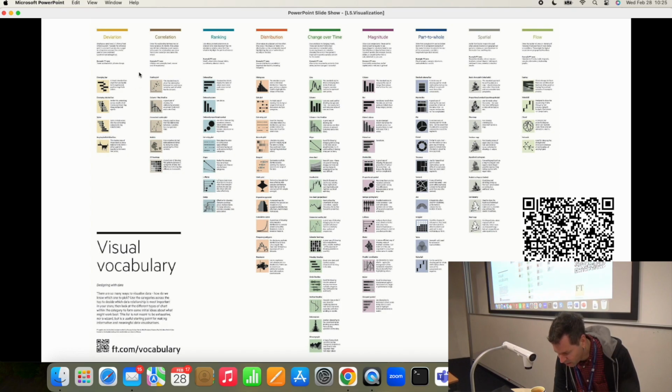If you're trying to convey correlation to see if variables are correlated with one another, you could choose these charts. The first one is a scatter plot and so on. If you're trying to depict ranking, you can use these charts and so on. Distribution, change over time. Look, that's the biggest one. It has lots of different options there. If you're trying to compare magnitude, here are lots of different options and so on.